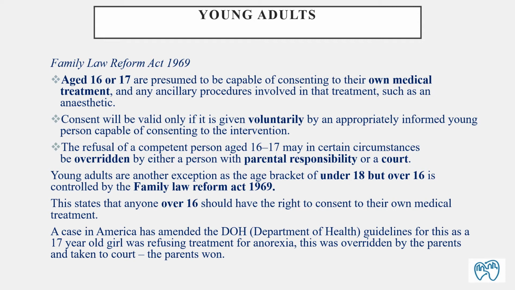Consent will be valid only if it is given voluntarily by an appropriately informed young person capable of consenting to the intervention. The refusal of a competent person aged 16 or 17 may, in certain circumstances, be overridden by either a person with parental responsibility or a court.